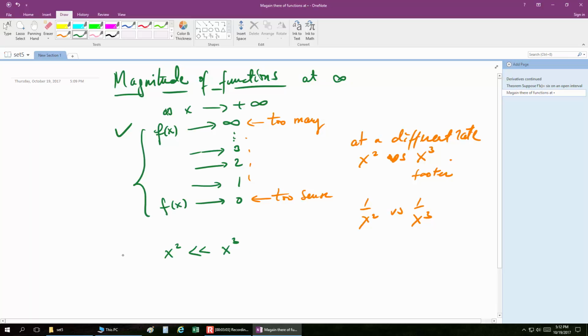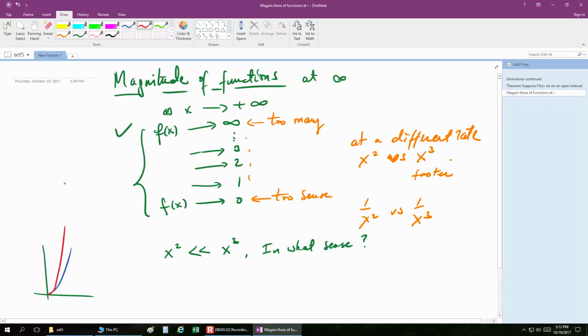In what sense? The answer is in the sense of their ratio. These are simple functions, and if you look at the graphs, the behavior is very transparent. x squared versus x cubed will just take off and they never meet.